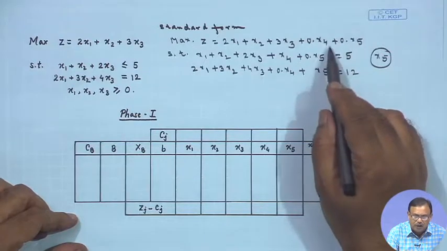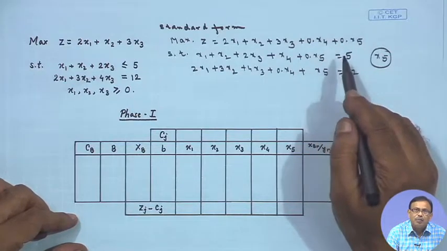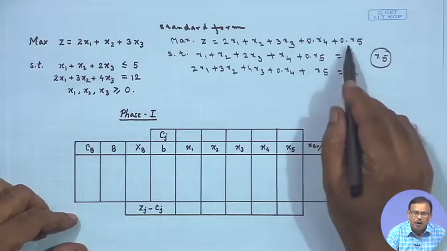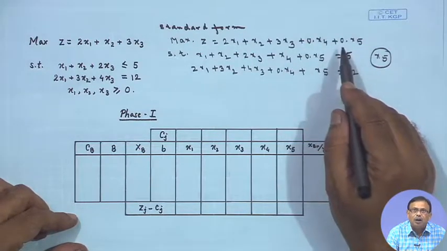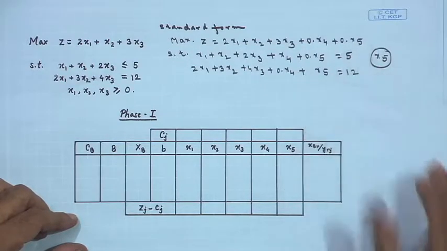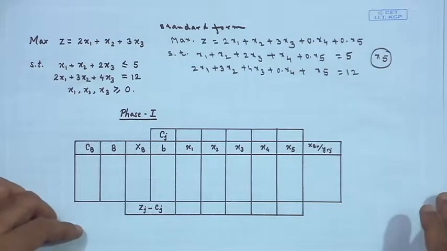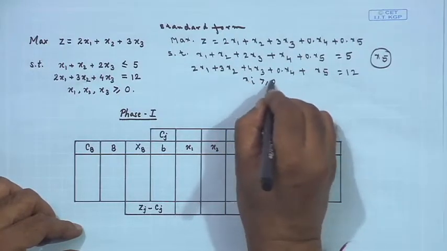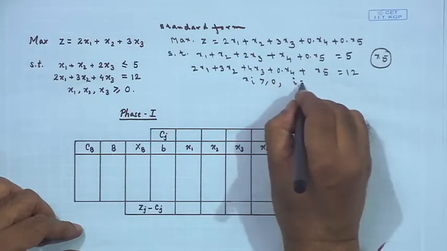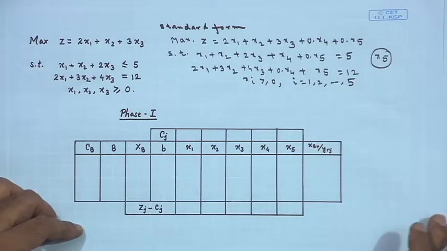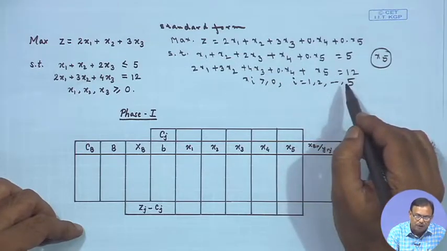This is the first difference between the big M method and the two phase method, because in the big M method you added a penalty of minus M with the artificial variable x5. Now, this is your problem where xi is greater than or equal to 0, i equals 1 to 5. So, your standard problem is this.